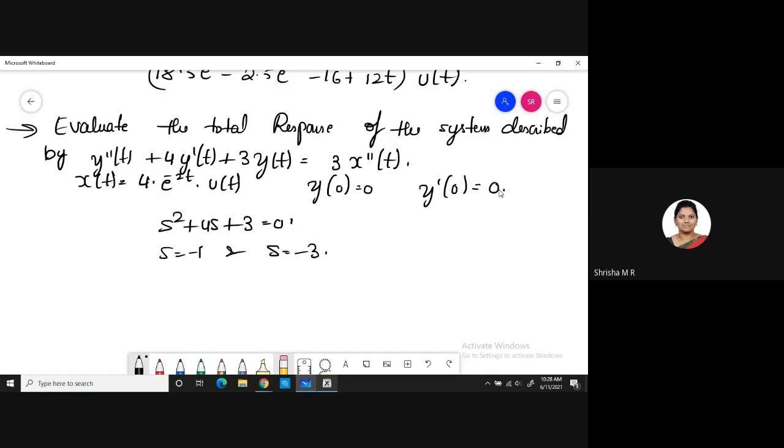What is the natural response yn of t? It is equal to k1 into e power minus t plus k2 into e power minus 3t. So what do you get for k1 and k2? Both initial conditions are 0. Observe this.